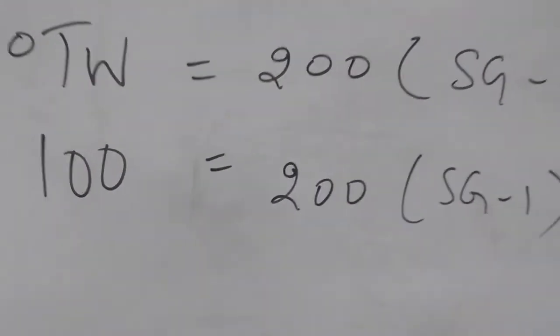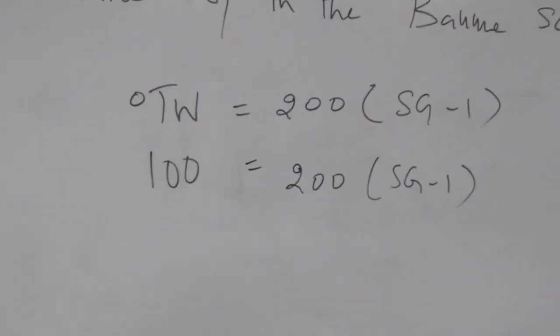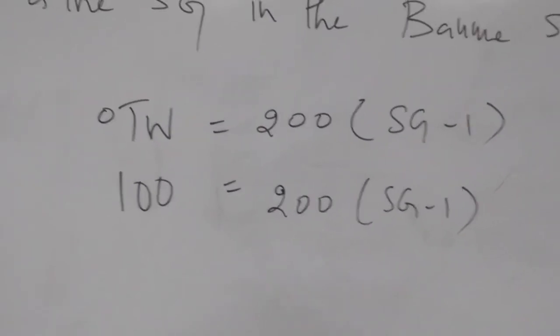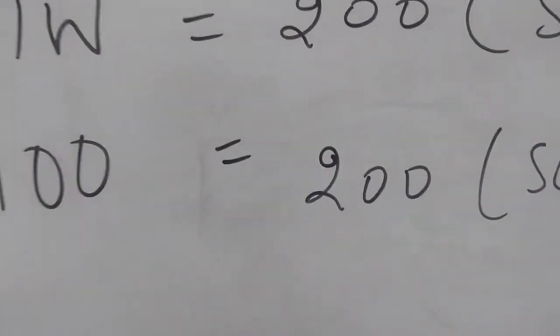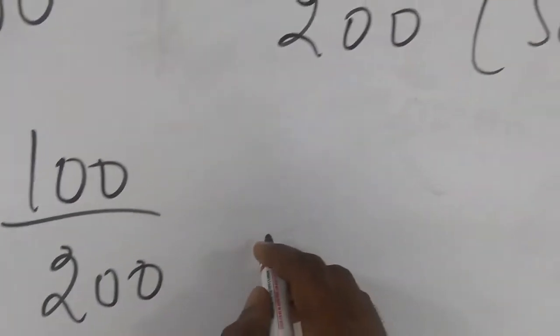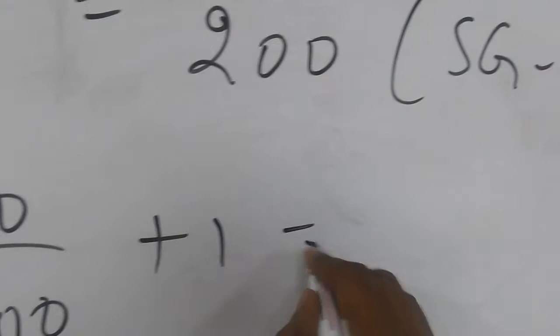Please simplify this and rearrange to get the specific gravity value. Take 200 to the left hand side: 100 by 200 plus 1.